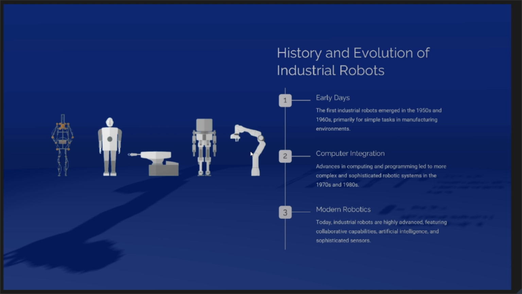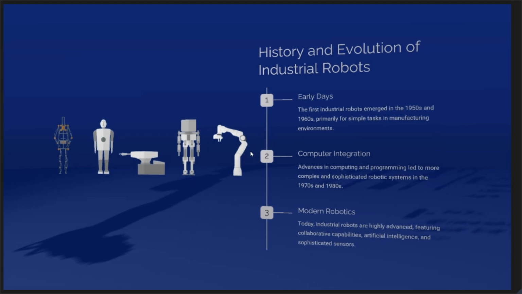In the early days, robots were primarily used for very simple tasks in manufacturing. Later, in the 1970s to 80s, we were seeing computer integration into robotic systems. And now industrial robots are highly advanced, to the extent of having collaborative features and capabilities with humans.